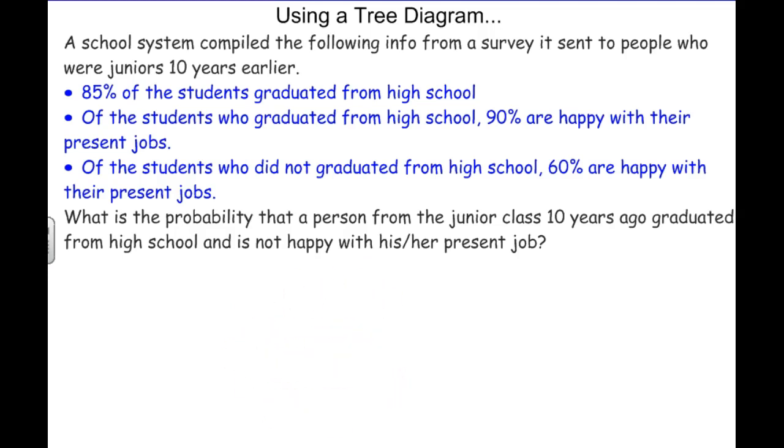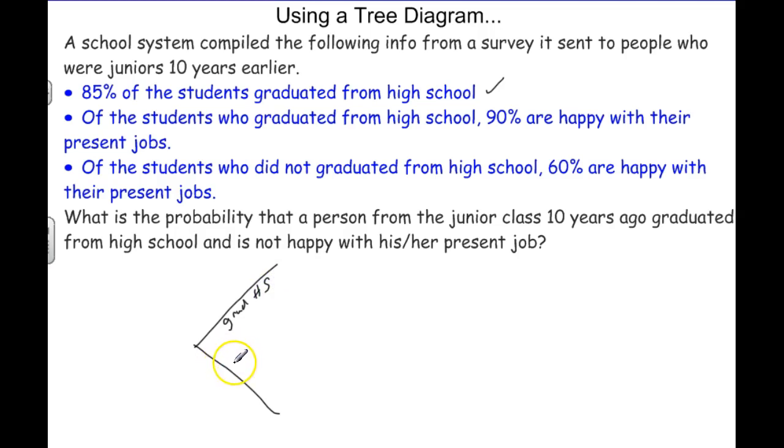So let's try a problem and see if this kind of makes sense. So the base thing here, school system follows a survey sent to people who were juniors 10 years earlier. 85% of the students graduated from high school. So let's start with that fact. So let's make a tree diagram with just that fact. So we think 85%. So I'm going to write it this way. Let's see, graduated high school.